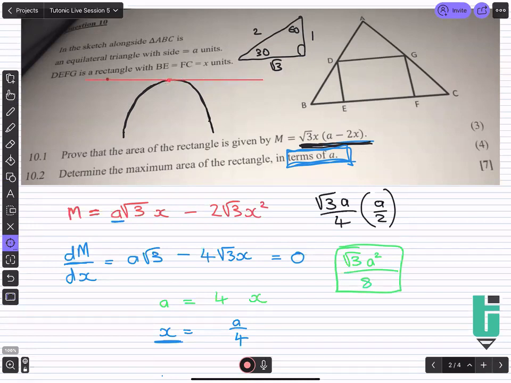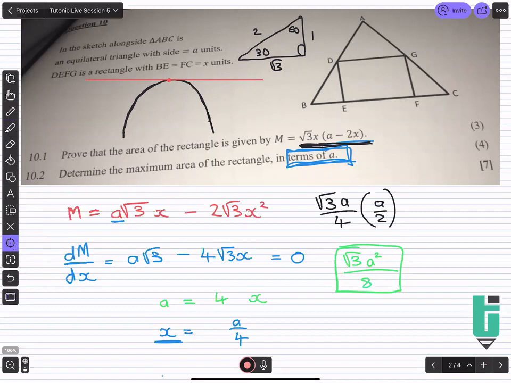Mm-hmm. And what is the gradient of a horizontal line? I know there's one which is undefined, and the 0 one. I never really learned them.